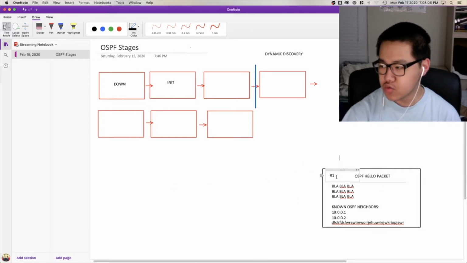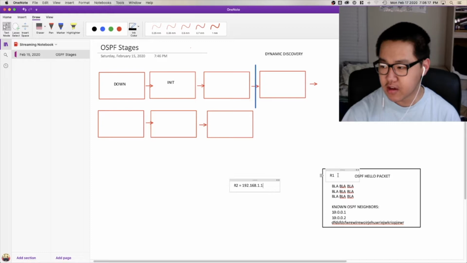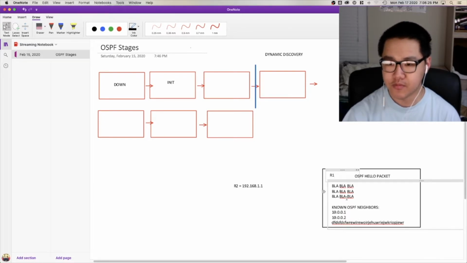When R2 receives this hello packet, he's going to be looking for, let's say R2 is 192.168.1.1. R2 will be looking for 192.168.1.1 in this known OSPF neighbor section. Because that would indicate that R1 knows about R2.